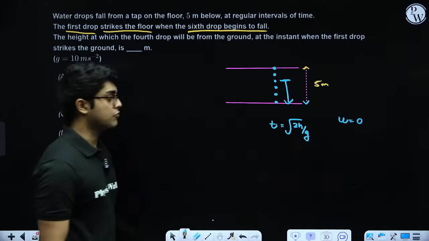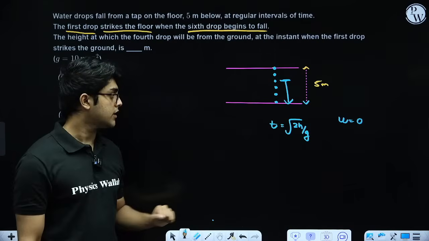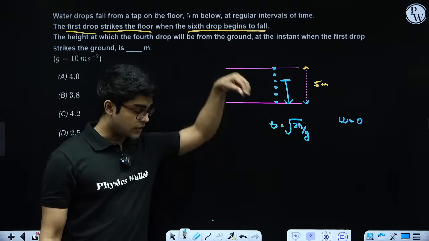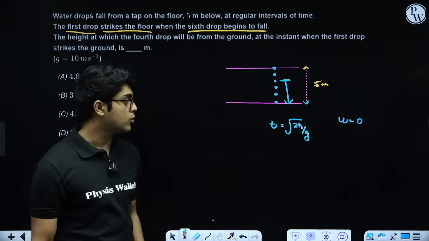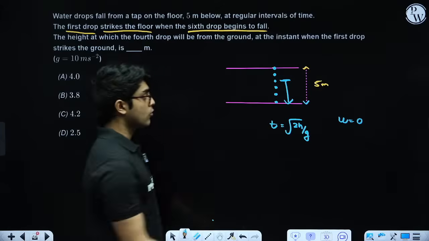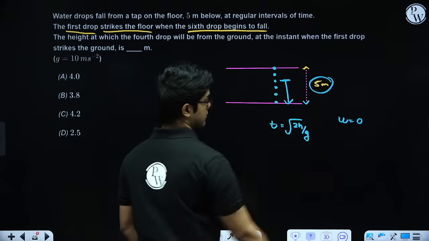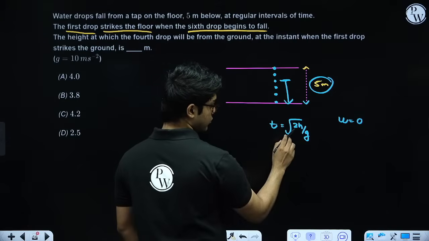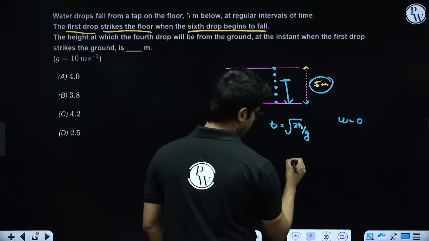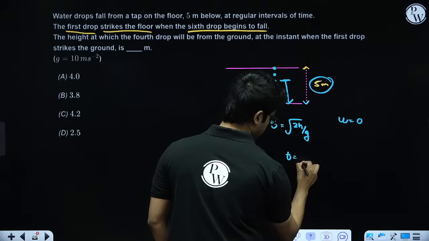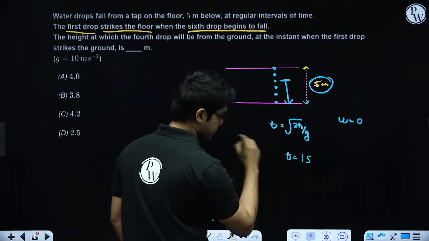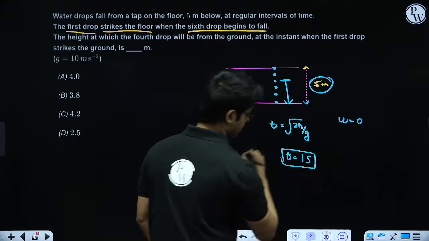If you drop a ball with 0 initial velocity, it falls by a height of h in root 2h by g time. What is the height that the first drop fell by? It fell by 5 meters, right? So 5 times 2, 10, 10 divided by 10 is 1. So the total time elapsed so far is 1 second.